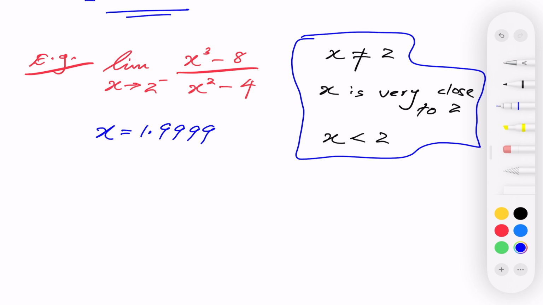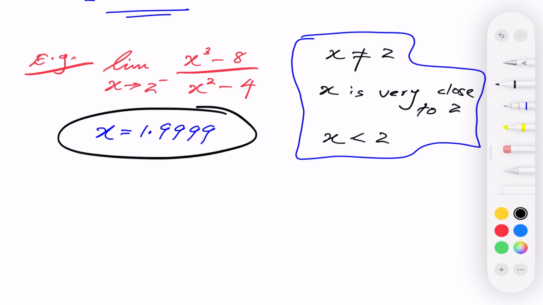That's even closer to 2 and it satisfies all three of these conditions. Anyways, I'm going to stick to this selected value, x equals 1.9999.